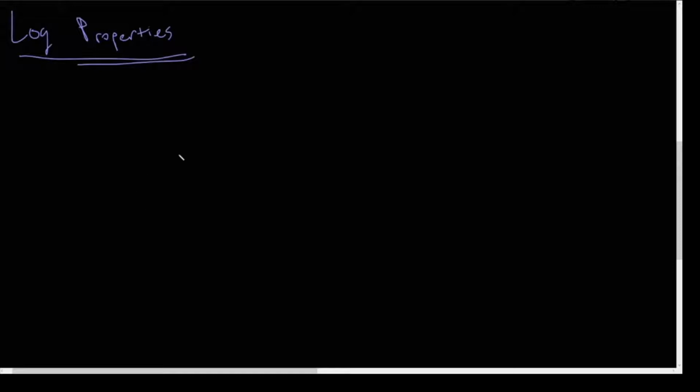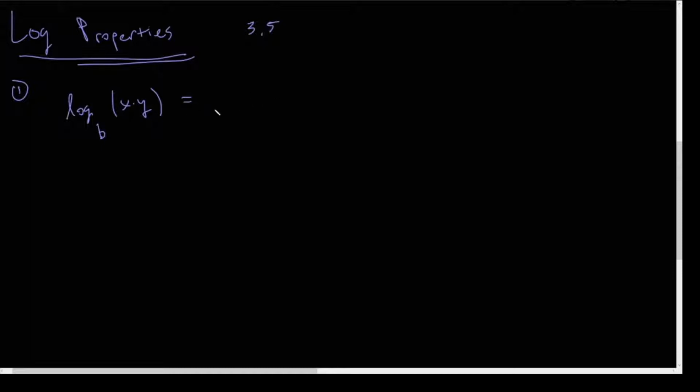So there are, I guess, 3.5 properties that we're going to go over. We'll talk about the first one. If you have the logarithm, and I'll just leave the base undetermined, of a product, this can be split up.